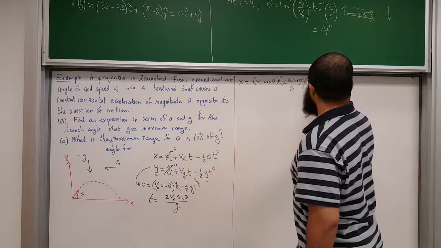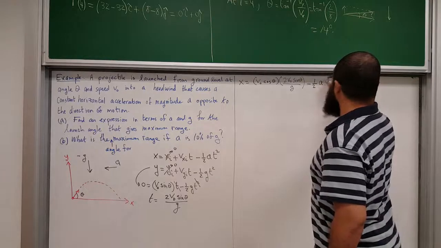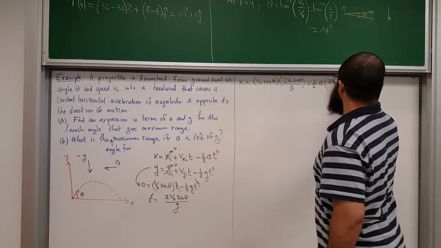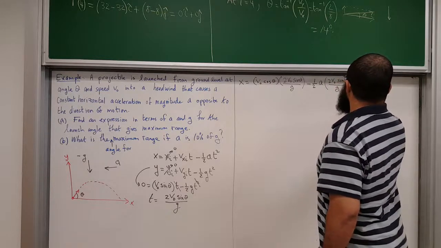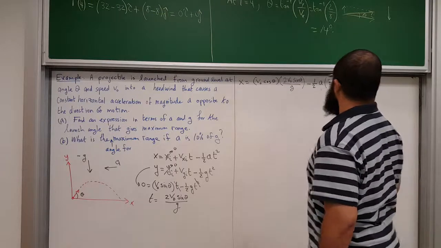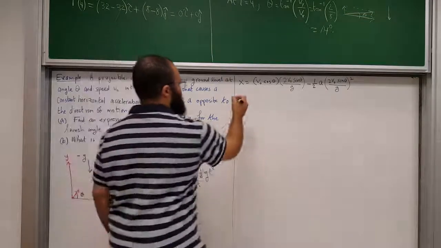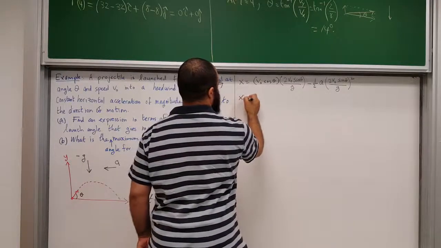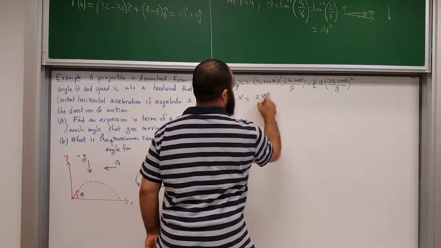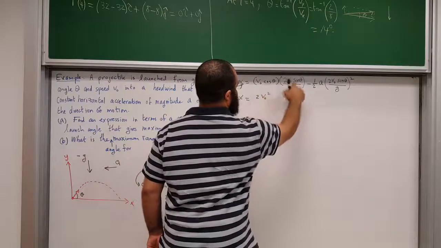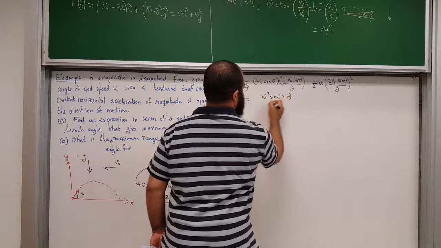And then minus 1/2 of the acceleration in the x direction times the time squared, where t is 2 v initial sine theta over g, squared. And we can simplify this a little bit. Let me take the 2 out, because 2 sine theta cosine theta is the sine of 2 theta.